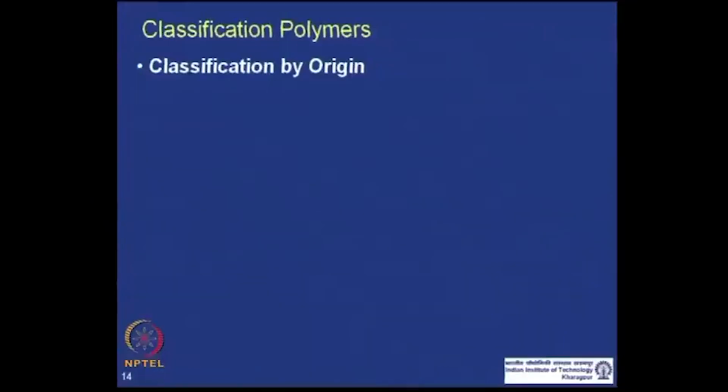Let us start with the classifications. Classification can be done by where a polymer originated. In the last class, I said that polymers can originate from natural sources, and I also said that those are a minor class of polymers.